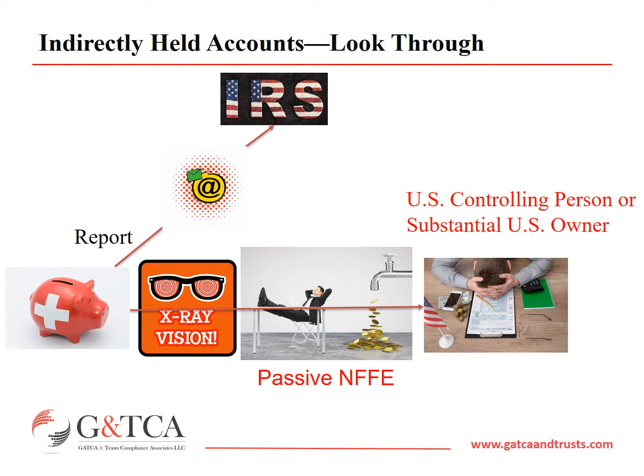So here, in effect, what happens is that the FFI, in this case we've depicted a Swiss bank, looks through the passive NFFE to the US taxpayer or taxpayers behind it. It then reports those taxpayers to the IRS. In other words, passive NFFEs provide no protection from disclosure to US persons with accounts at FFIs.